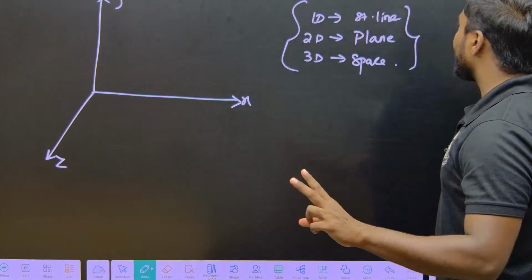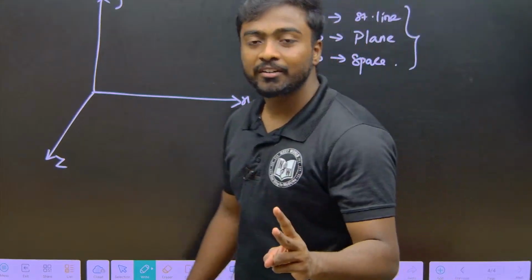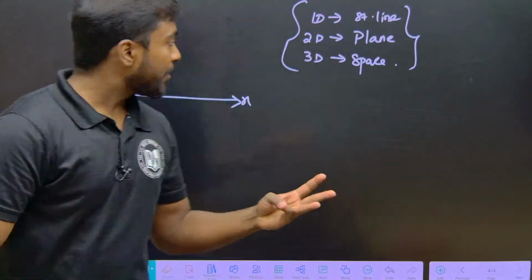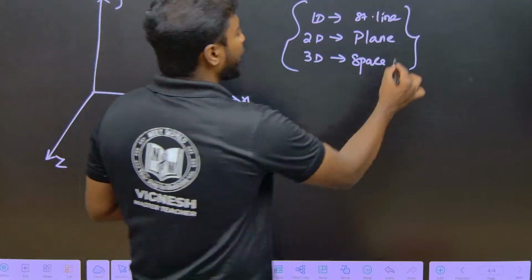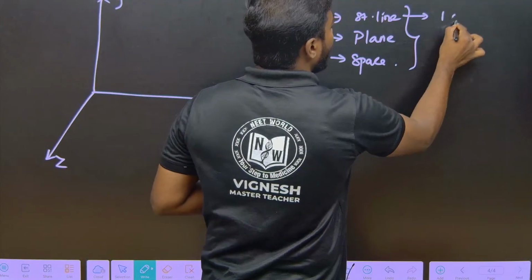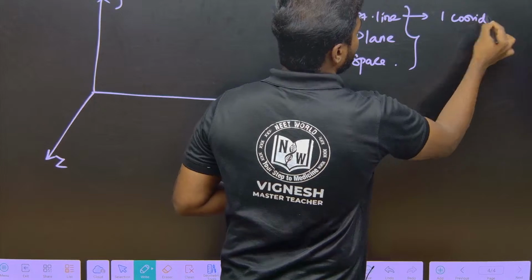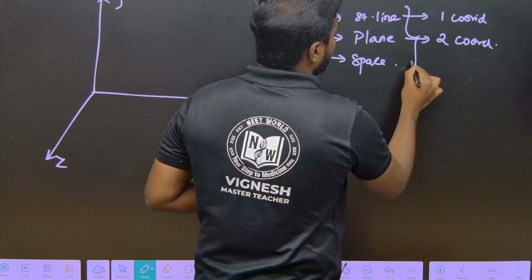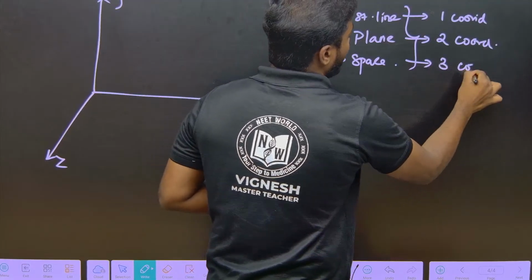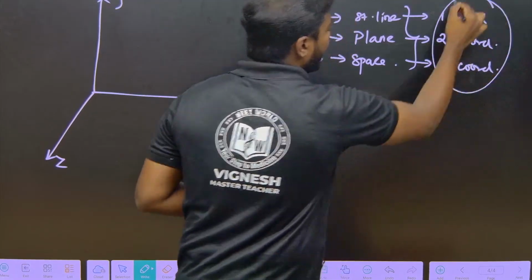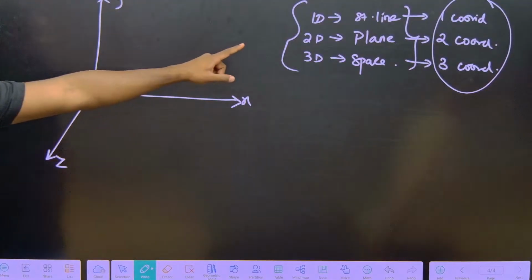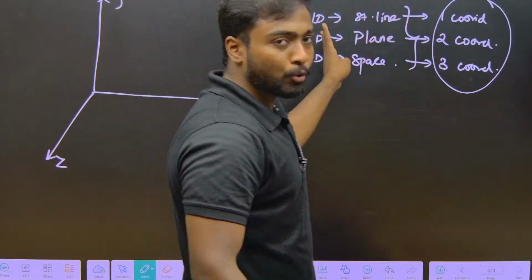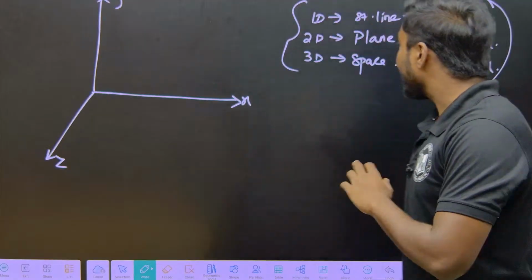So one dimensional is a straight line, two dimensional is a plane, three dimensional is a space. One dimensional is one coordinate, two dimensional is two coordinates, three dimensional is three coordinates. This is the main thing.